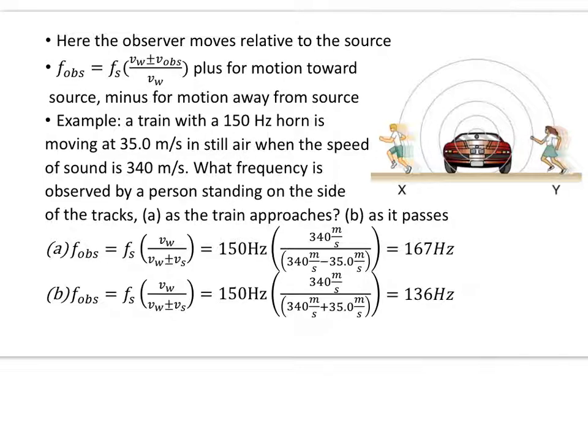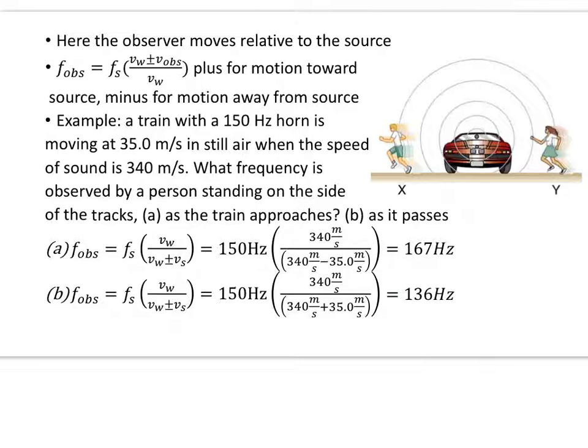And so the frequency of the source is 150, velocity of sound is 340 minus 35, so that comes out to be 167 hertz. In this case over here, as the train moves away, everything is the same except this is a plus sign, so that's plus 35, and that comes out to be 136 hertz.